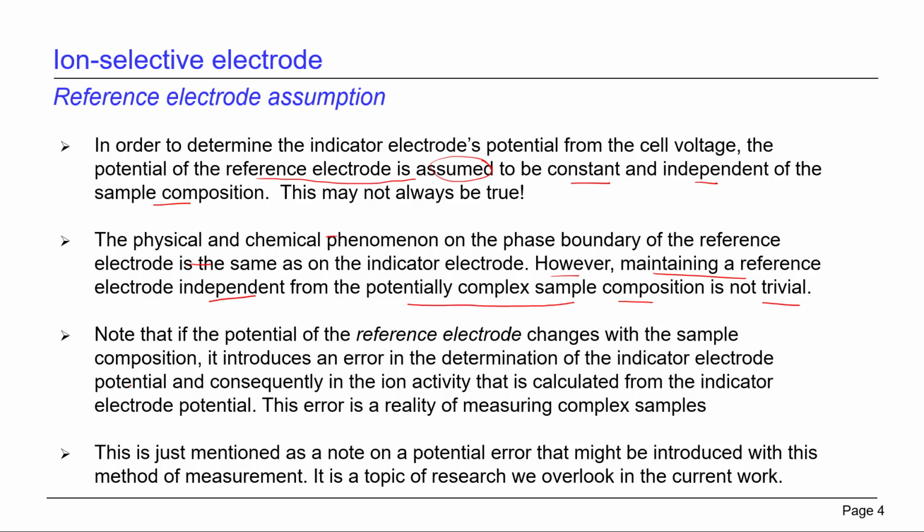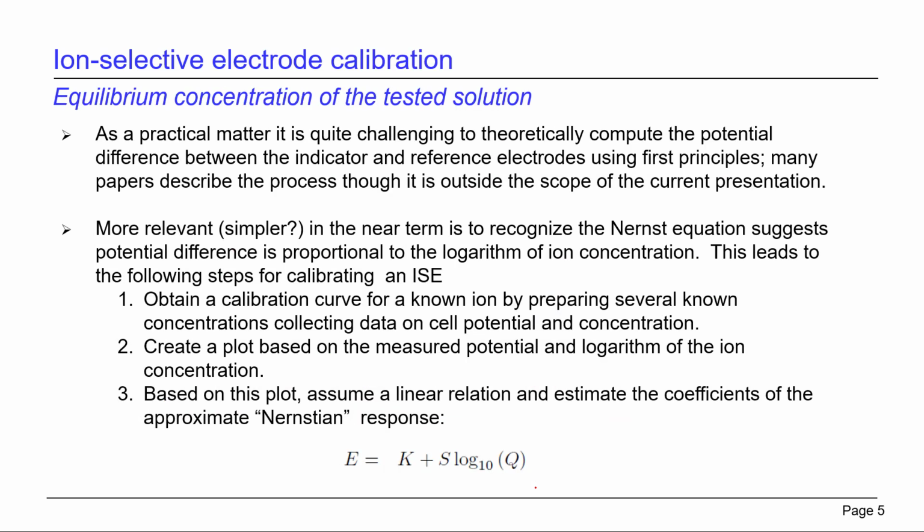So note that if the potential of the reference electrode changes with the sample composition, it introduces an error in the determination of the indicator electrode potential and consequently the ion activity that is calculated from the indicator electrode potential. This error is a reality of measuring complex samples, and we're just mentioning this as an FYI, and it's not going to be something we look at very closely as we move forward. So it's just mentioned as one of the potential errors that could occur.